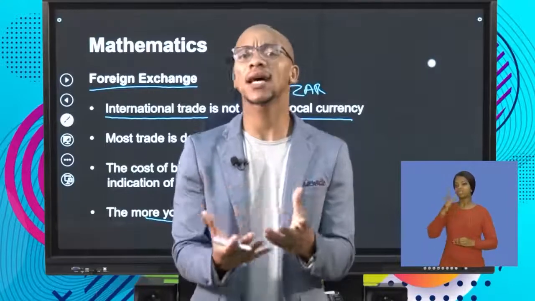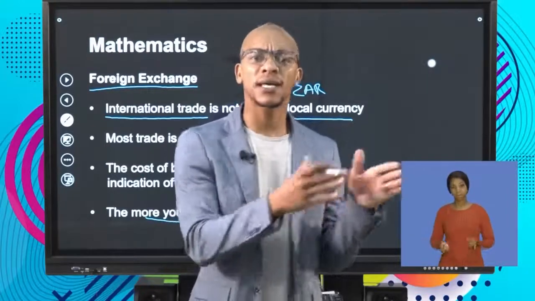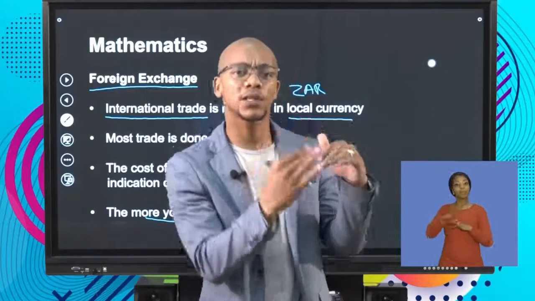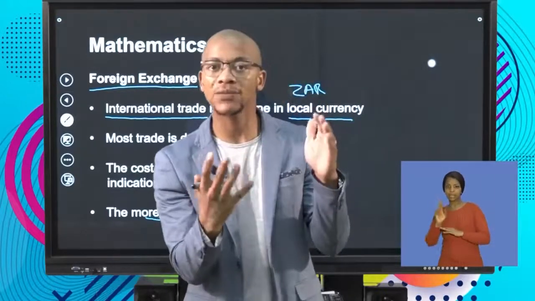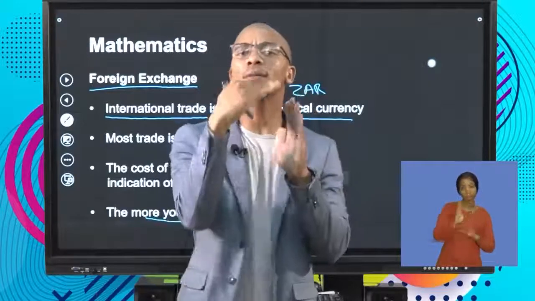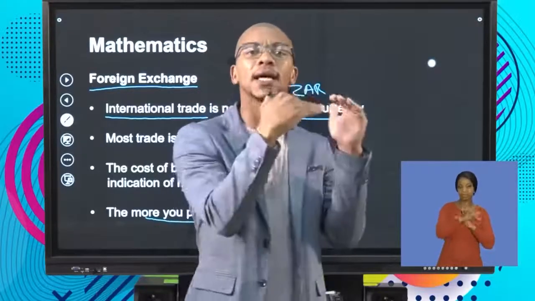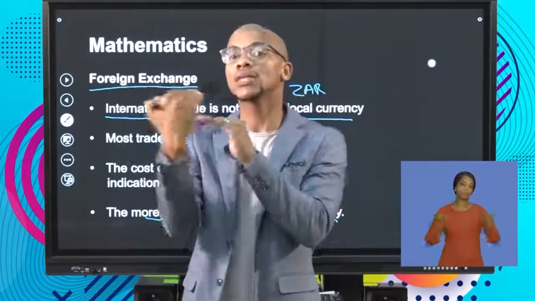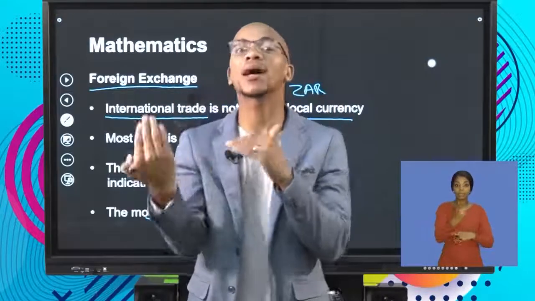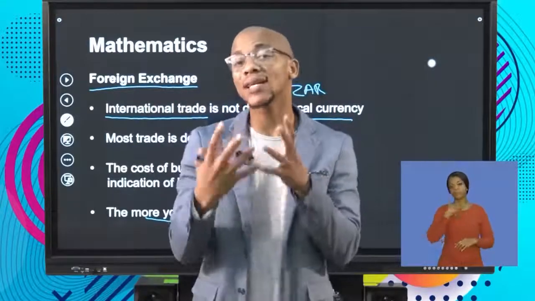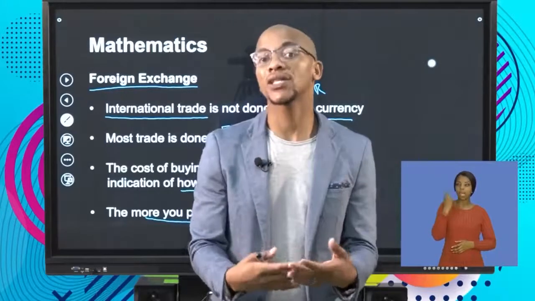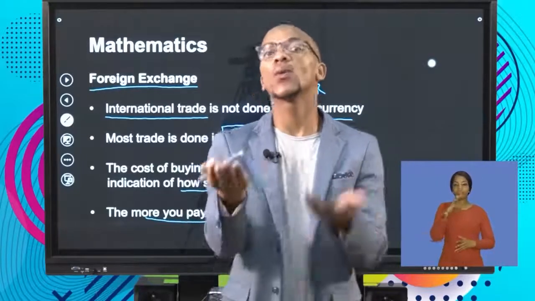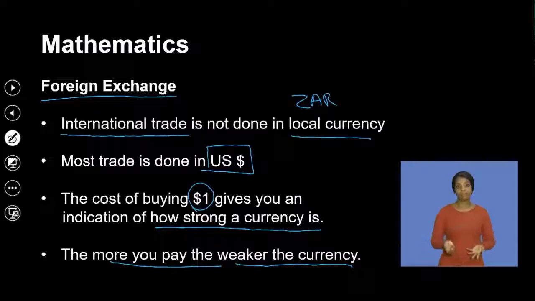But you can see that everything is then a fluctuation, because it was first maybe 16 rand, 17 rands, then it will go to like 14, 15 rands. So it will be fluctuating and not staying at the same amount every year or every month for that matter. So the more money you pay, the weaker the rand is, or the weaker the currency of that state is when you compare the two states.